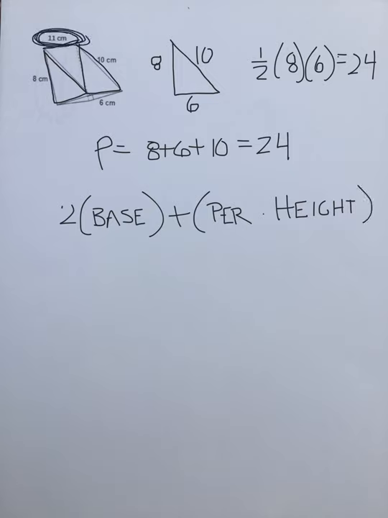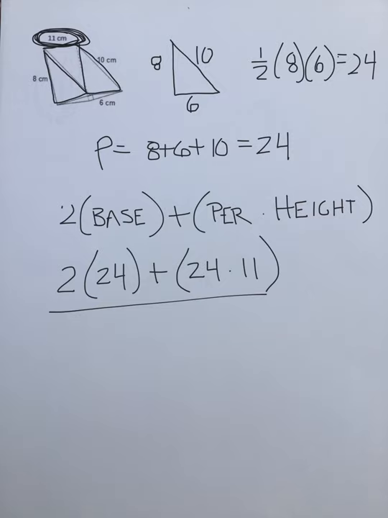So in this case, 11 is my height. So 2 times my base, which is 24, plus my perimeter, which also happens to be 24 by coincidence, times my height, which is 11. Add this all together, I end up with 312 centimeters to the second power.